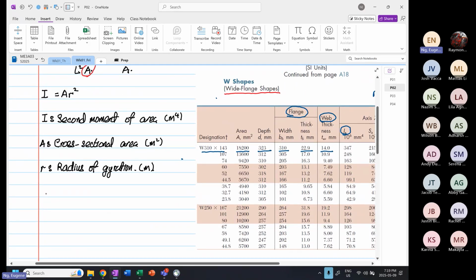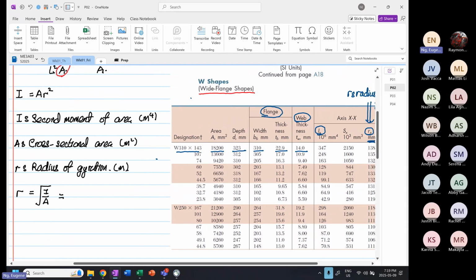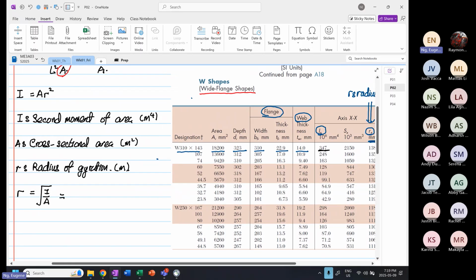So if we were to calculate the radius of gyration R, R is basically the square root of I over A. If we pick two numbers, for I in this case we pick 347 times 10 to the power 6, and then we divide by our area, which is 18200.